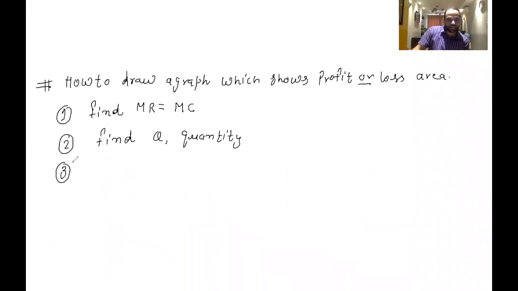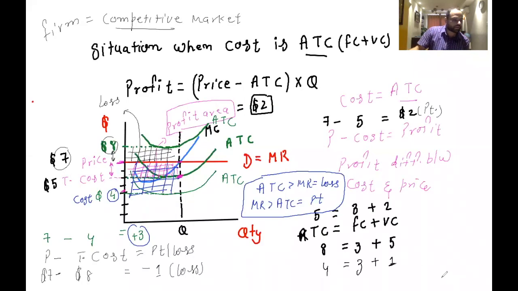Step three, find P. P is here, right? So P is here, or P or cost.